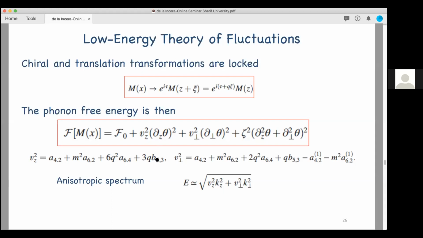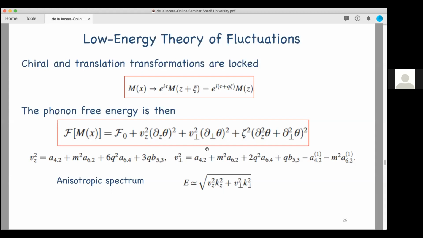Because we have a magnetic field, so it's expected that you will distinguish modes parallel to the magnetic field and modes perpendicular to the magnetic field. On top of that, the condensate also creates asymmetry, right?